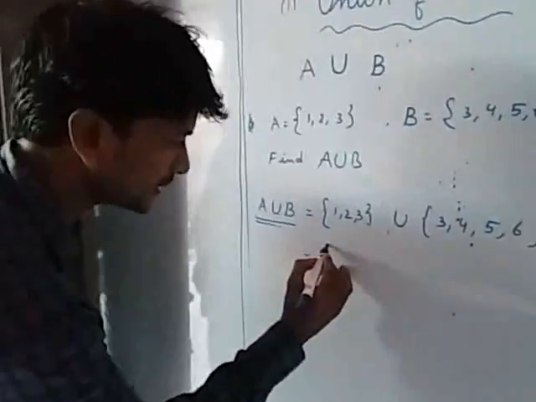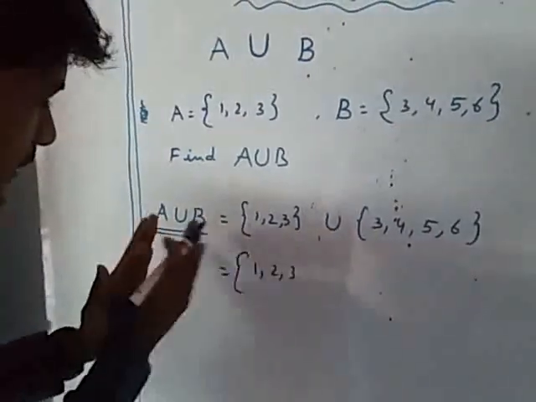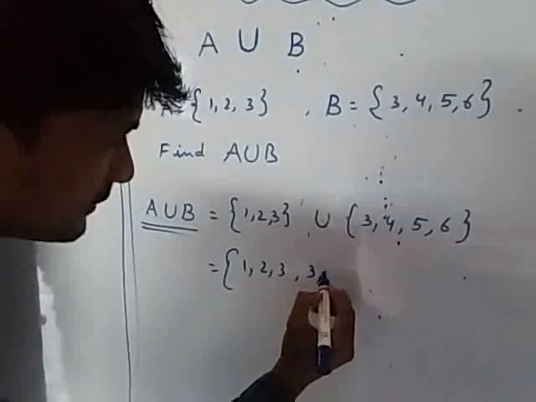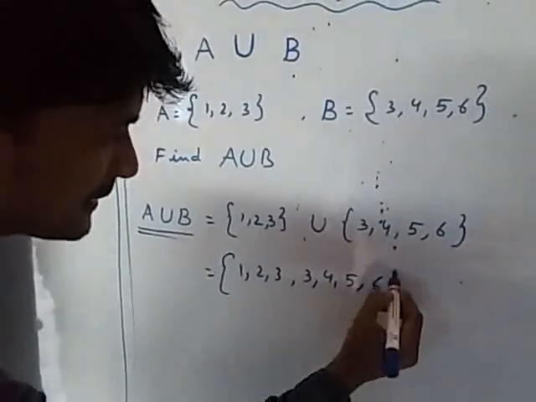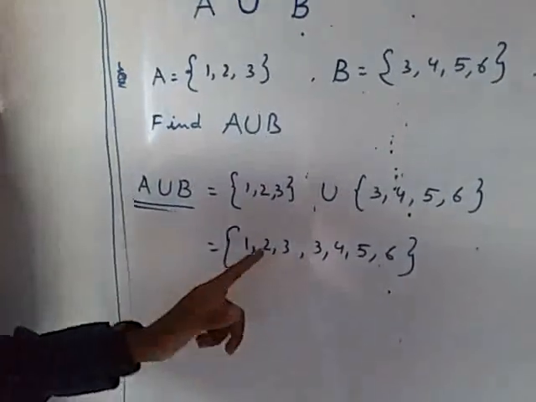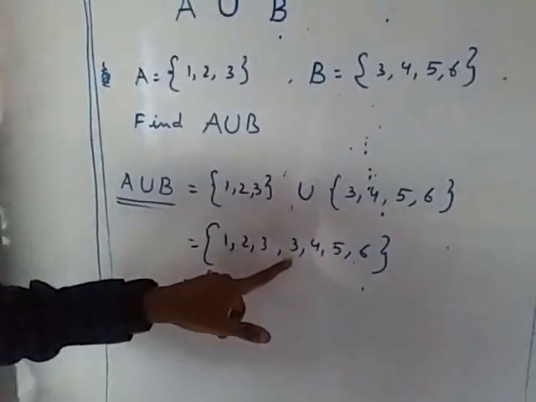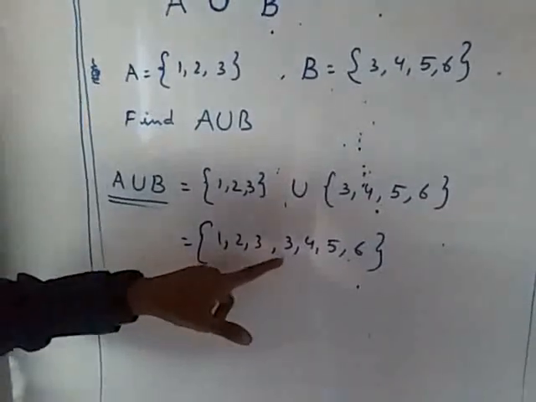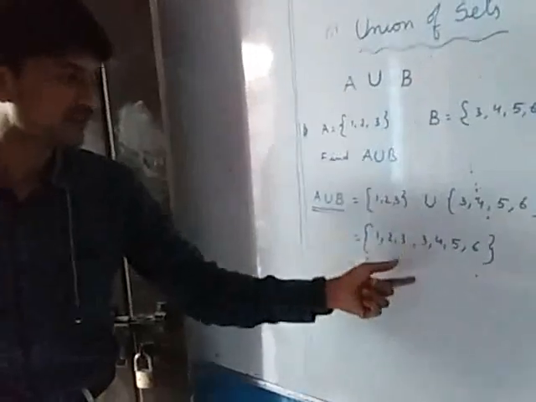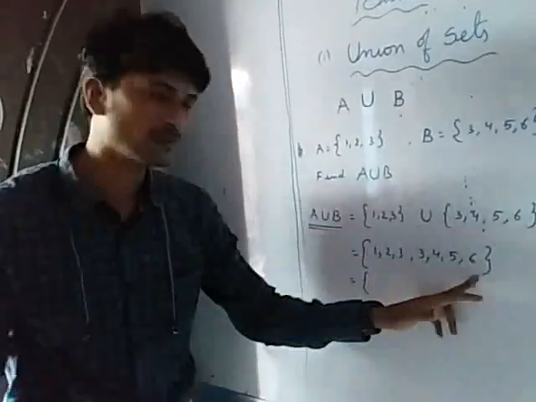So it can be written as 1, 2, 3, all the elements of set A, and 3, 4, 5, 6, all the elements of set B. According to the definition of sets, 3 is repeated two times here. We already know that a set is a well-defined collection of objects, which means only distinct elements, separated by commas.